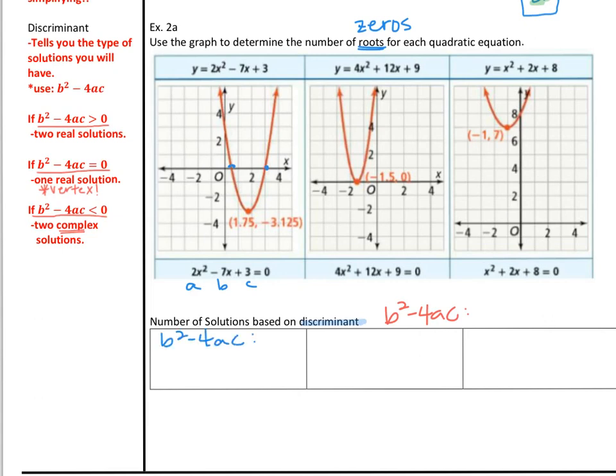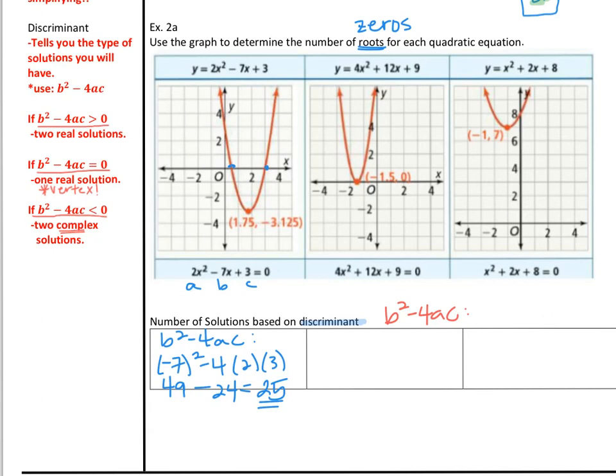That would give us negative 7 squared minus 4 times 2 times 3. Negative 7 squared is positive 49, minus 4 times 2 times 3, which is 24. 49 minus 24 is positive 25.